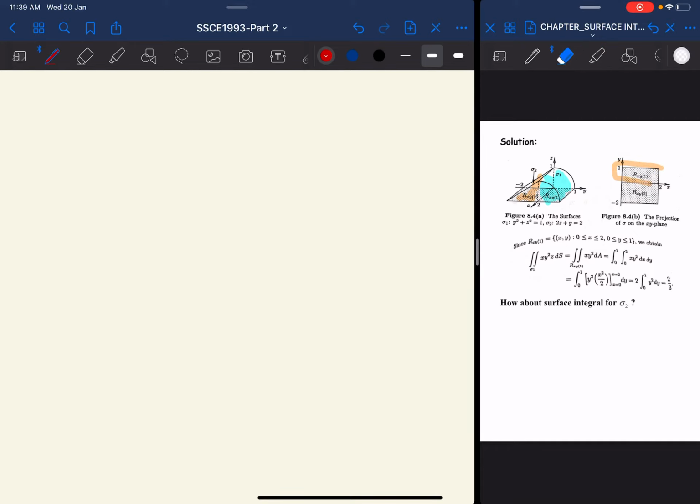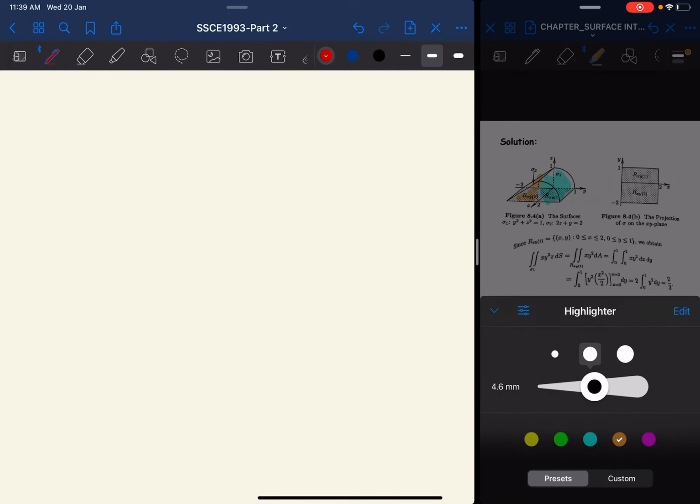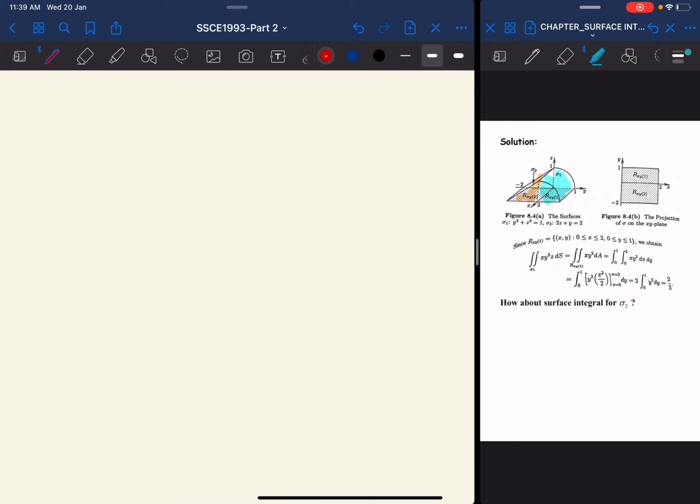Let me change the color so that you won't be confused. The projection on the xy plane is this part. If we sketch it, it involves x and y. This is for the first surface. This one is 1, and this one is 2.